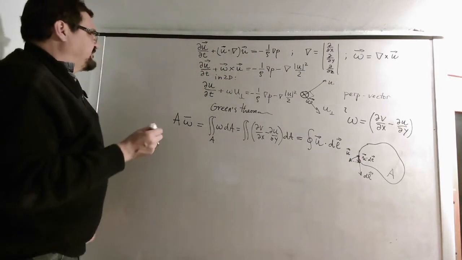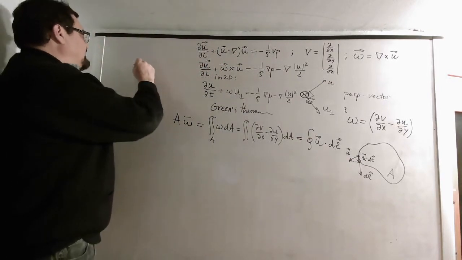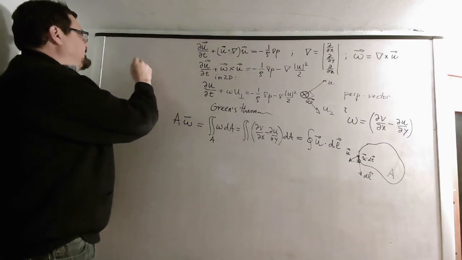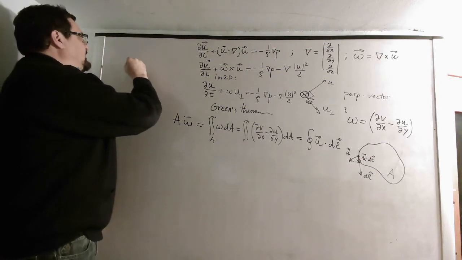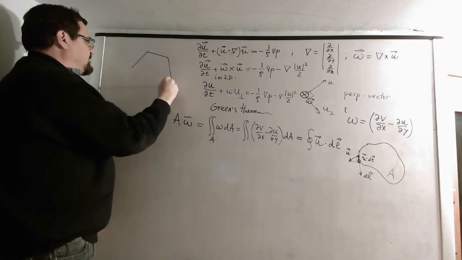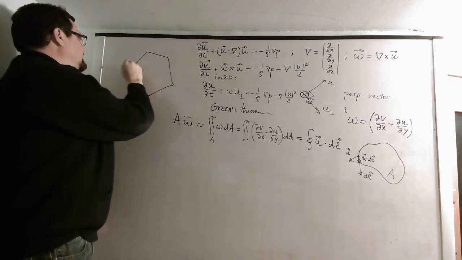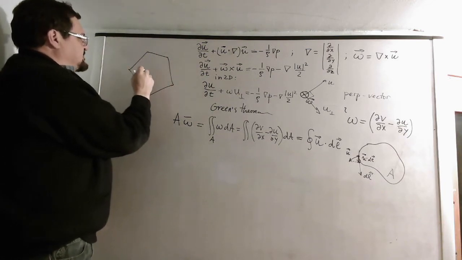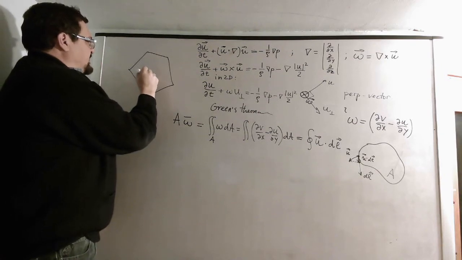So instead of differentiating, we just integrate along some border. Let's say that we have a grid cell like this, and let's say that we have vorticity here, omega.